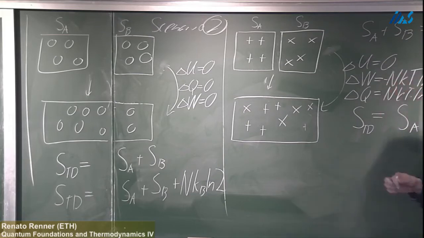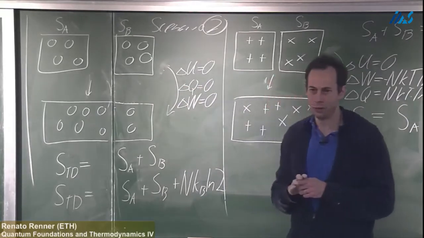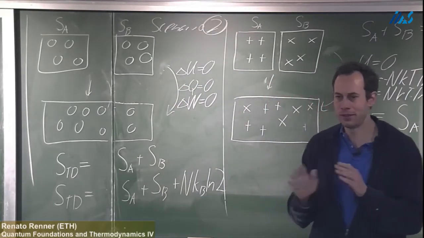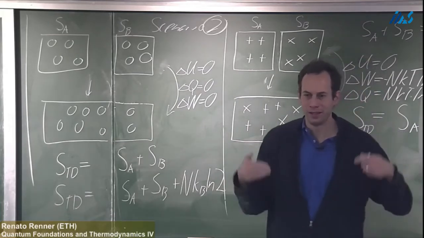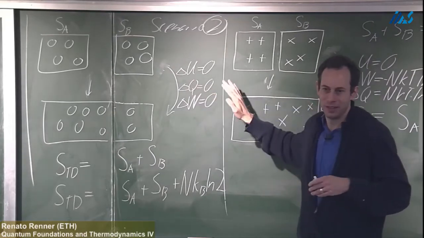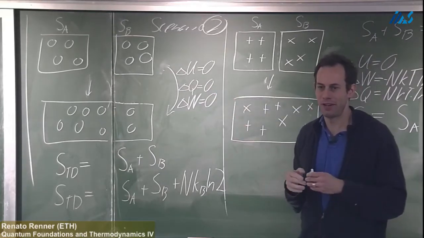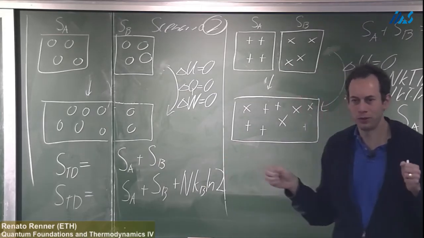Ah, yeah, so you're now asking what happens in a scenario where I do isothermal expansion. So I'm assuming the system is always in contact with a reservoir and I do the processes slowly enough so that the system is always in thermal equilibrium. Now, of course, this is just an example, and I could do a different example where I do the expansion adiabatically without contact to a thermal bath.